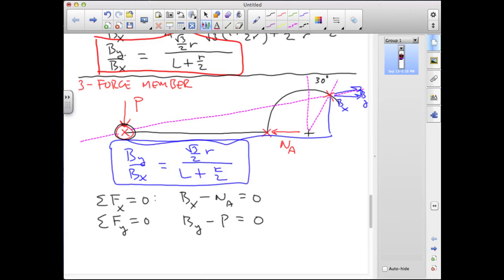It's also the case that in this particular problem, a more natural description of the force components at B would be in terms of directions normal and tangent to the arc made by the spanner wrench. So even though we have these force components BX and BY, they're not in the most physical or intuitive form. So for this combination of reasons, I tend not to put as much focus on three-force members. There isn't the same kind of efficiency with this solution approach that there often is when we can identify something as a two-force member.